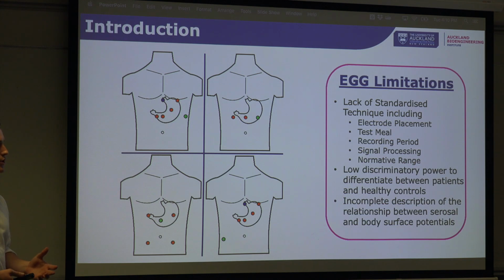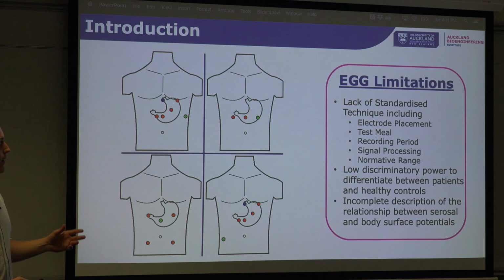Because of that, we can't actually form a normative database. We can't go from clinic to clinic and give ourselves a large database to accurately diagnose patients. This has led to the low discriminatory power to differentiate between healthy controls and patients, where really we can't diagnose these conditions. Part of that issue is because of the incomplete description of the actual serosal activity and the body surface.